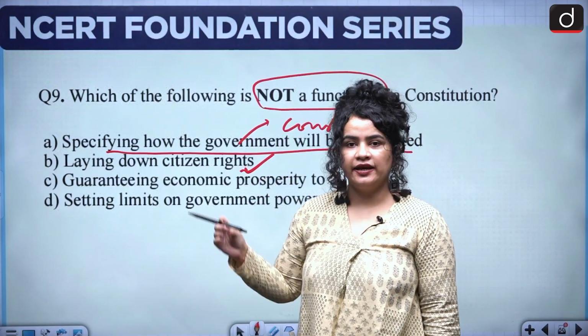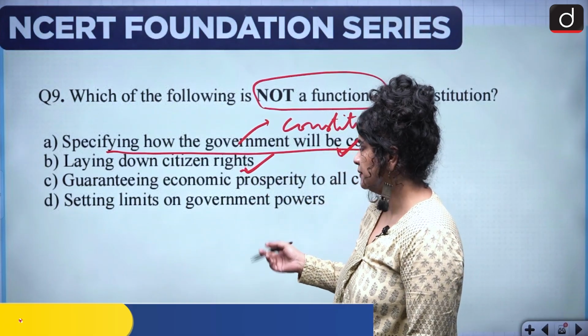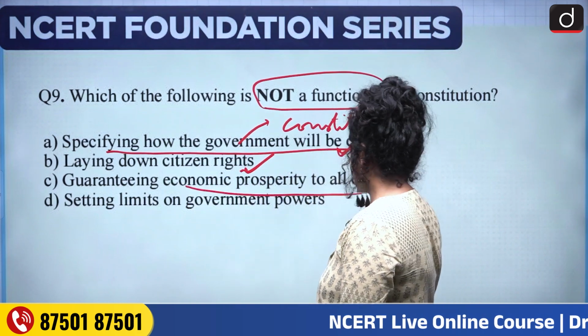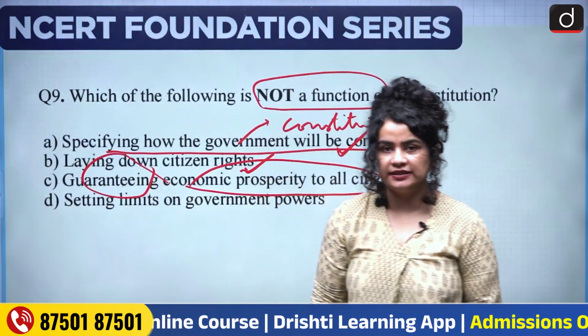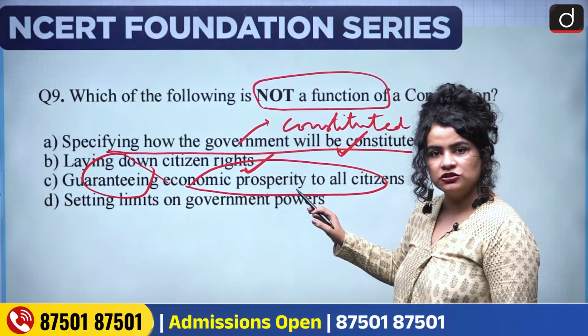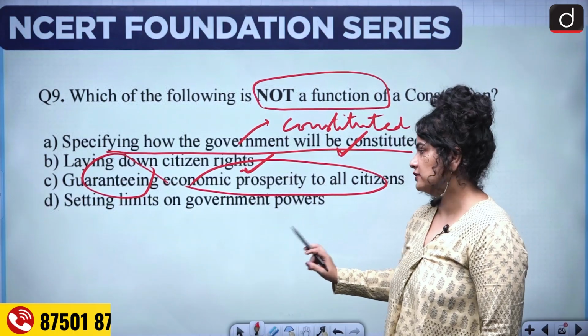Citizen rights explains the need for a constitution in the first place. C, guaranteeing economic prosperity to all citizens. Like we said, we are steering clear of words like guaranteeing. No, we are talking about economic justice in the Constitution that we are aspiring to get, but not guaranteeing. Okay.